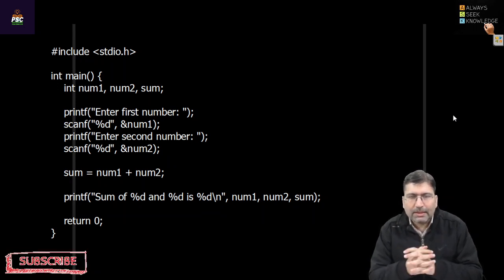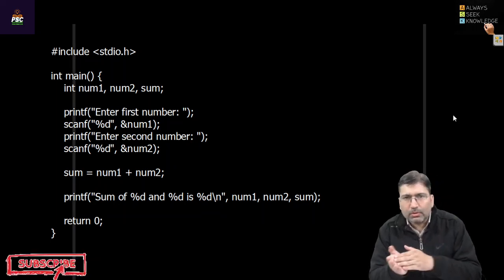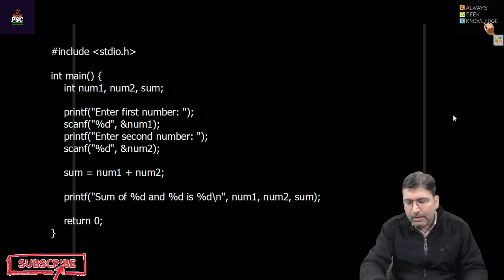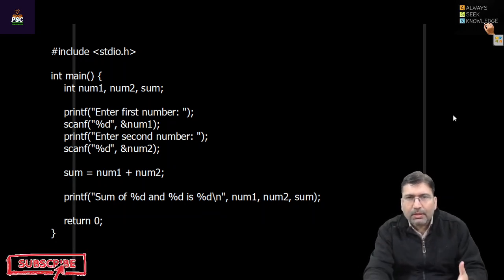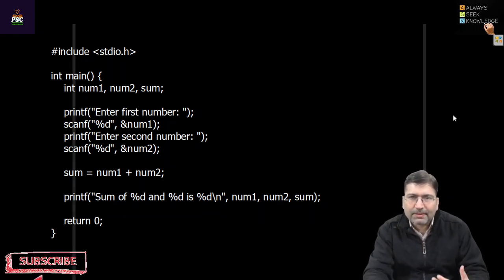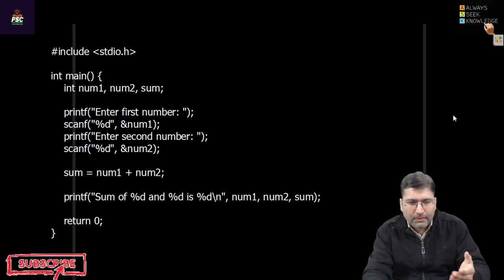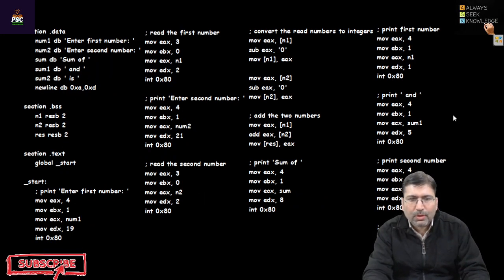If I take the example, let's say we convert this code into assembly code by using some language translator. Assembly or low level languages are dependent on the platform. So let's say if I consider x86 architecture and we convert it, the program will look like this.